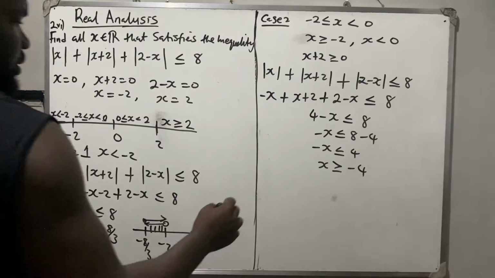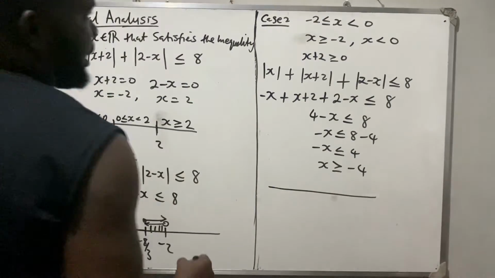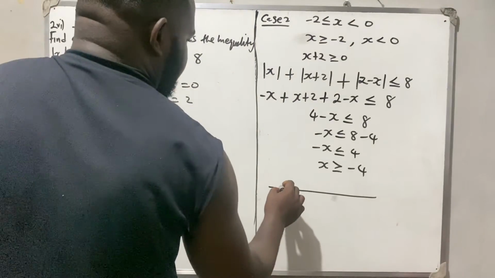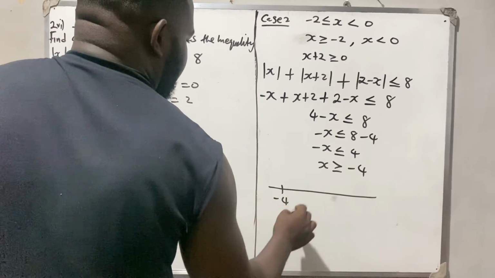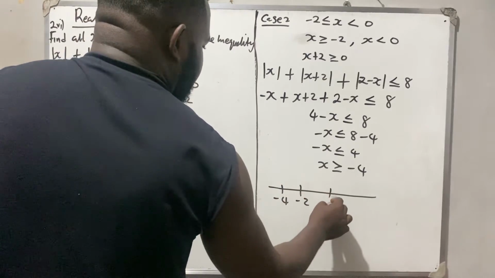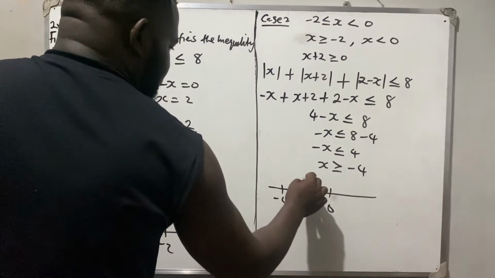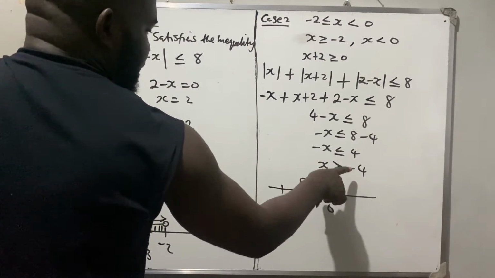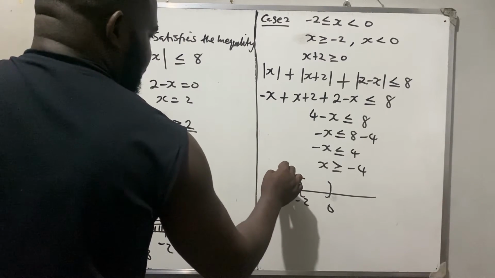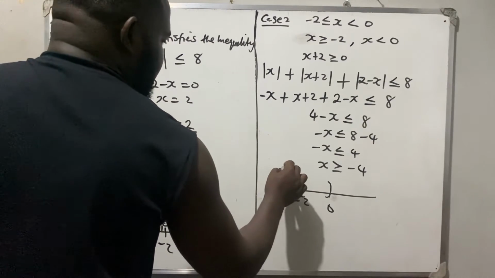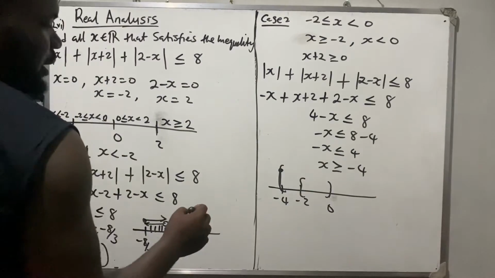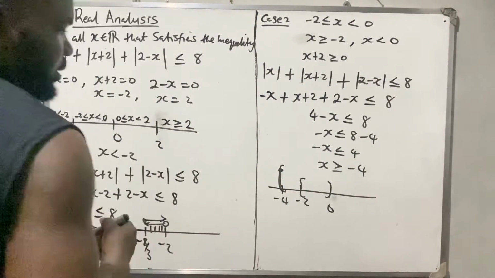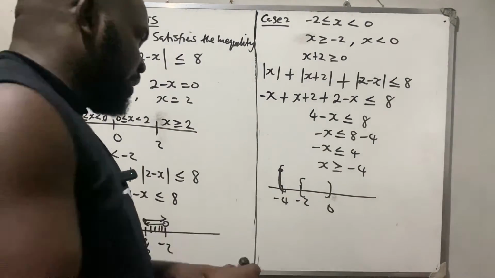So if I now draw it on the real line, here is minus 4, here is minus 2, and here is 0. So this one is shaded here and moving here, while this one is greater than. So the intersection is everything here.